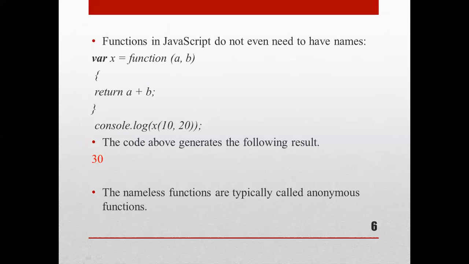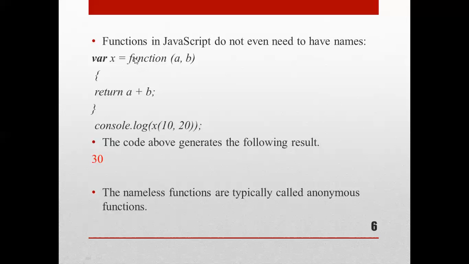Then functions in JavaScript do not even need to have names. Without giving a name to that function, we can execute that function also. Here you can see the example for this variable declaration, where x is equal to function with parameters inside. We have not given any name to this function.